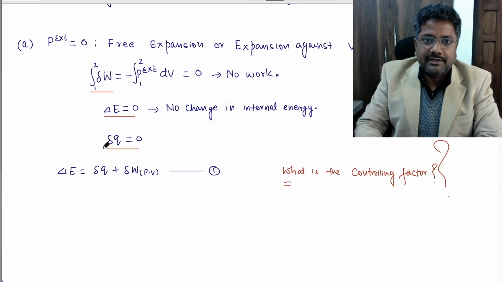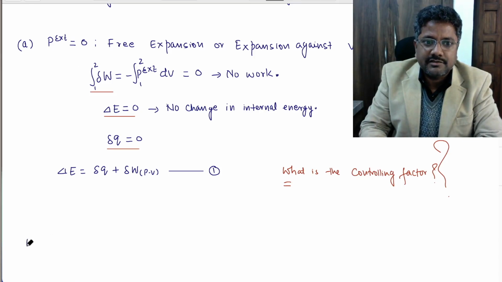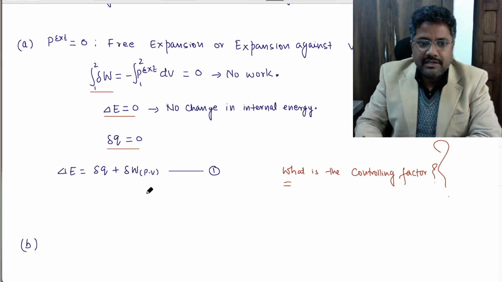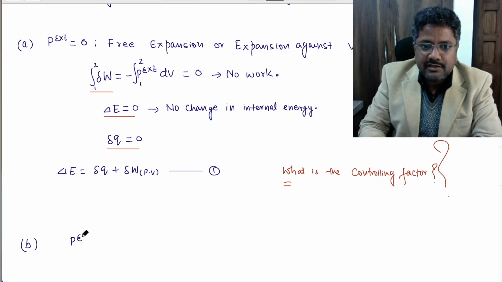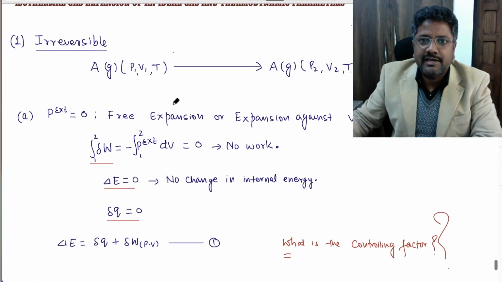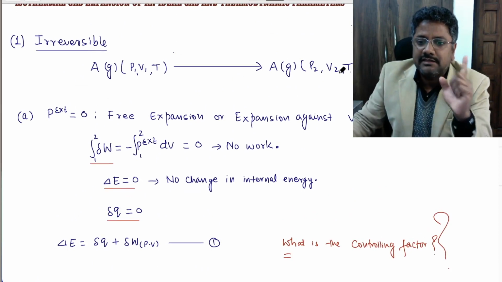Now this is one way to get the irreversible process. Second, you can take P external equal to P2 in one step. If we are doing this change from this state to this state in one step, then that is also irreversible. If you are doing it in two steps, also irreversible.